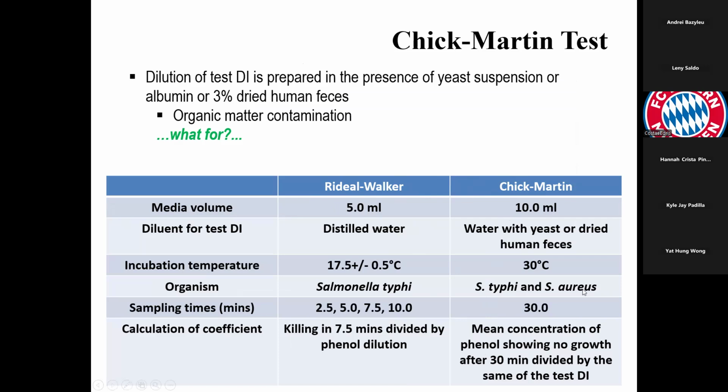Just like in the Chick-Martin test, they want to add different organisms, not just Salmonella, the one that was used originally, but something else, Staph aureus, E. coli, Pseudomonas, Acinetobacter baumannii, or whatever have you. People, for whatever reasons, we're not going to discuss those, decide to change the temperature of the method, right? Because for their application, 17.5 or whatever, 20 degrees standard room temperature doesn't make sense.